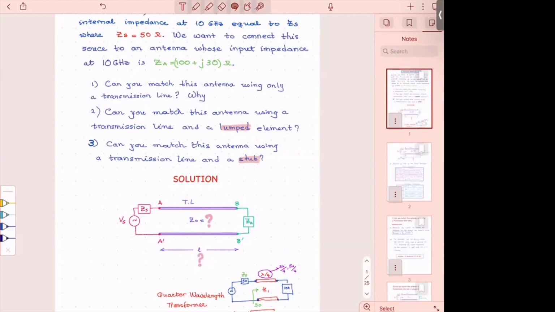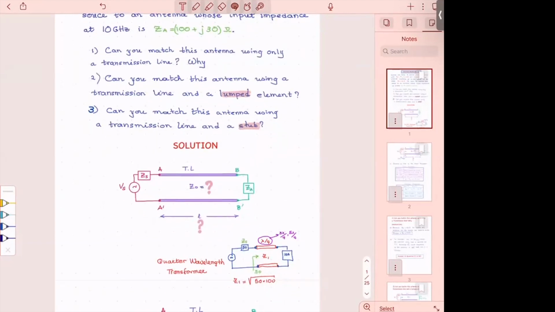The first design here is only one transmission line. So I'm asking you a question: can you use only one transmission line section? What we said is that because this Z-sub-A has a real and imaginary component, we cannot use a quarter wavelength transformer.